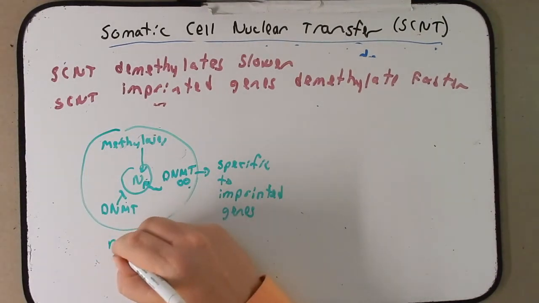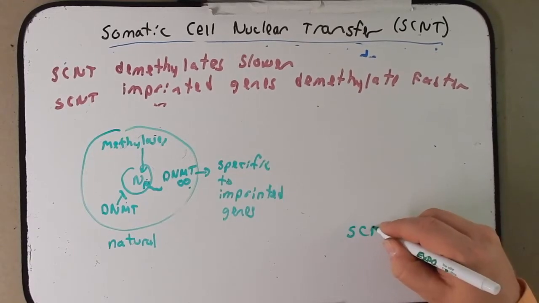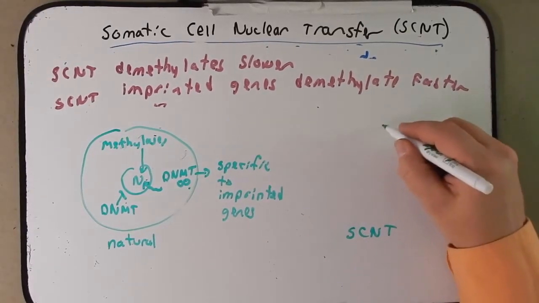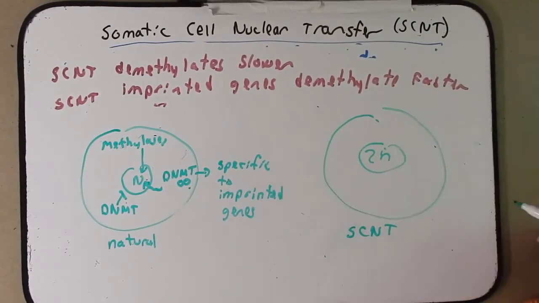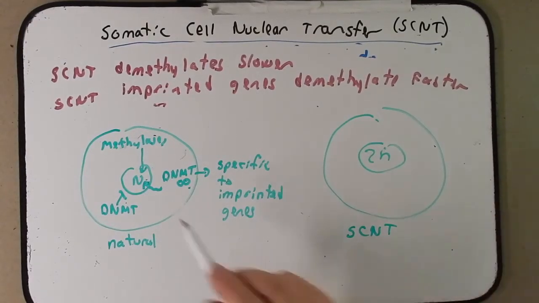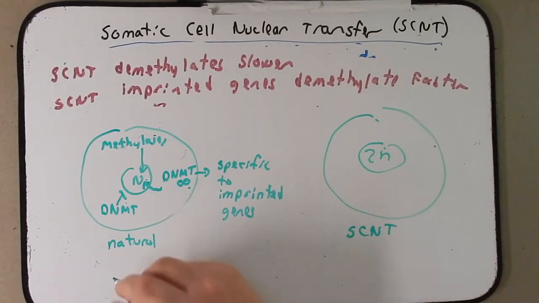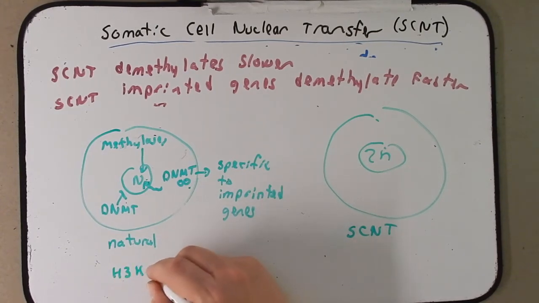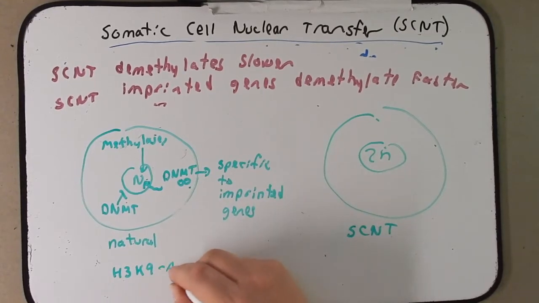So this was natural. Now with the SCNT cells, you have this somatic nucleus here, and usually what happens over here, under a natural situation, I should have mentioned this before, is it contains lots of H3K9 acetylated histones.